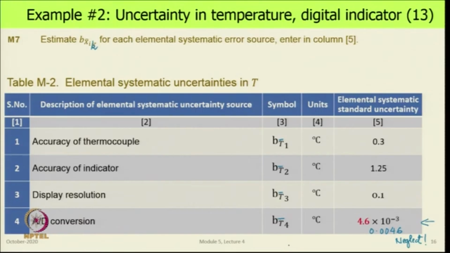The other thing, by looking at it, we look at this number 1.25, others are 0.1, 0.3, almost like this is 10 times this and at least 4 times this one. So, this is a big uncertainty which will reflect in the final uncertainty very significantly. So, we could even say that this becomes the dominant elemental systematic uncertainty.